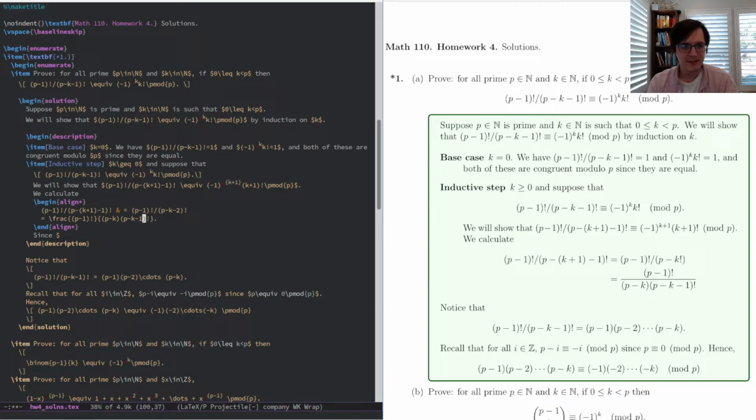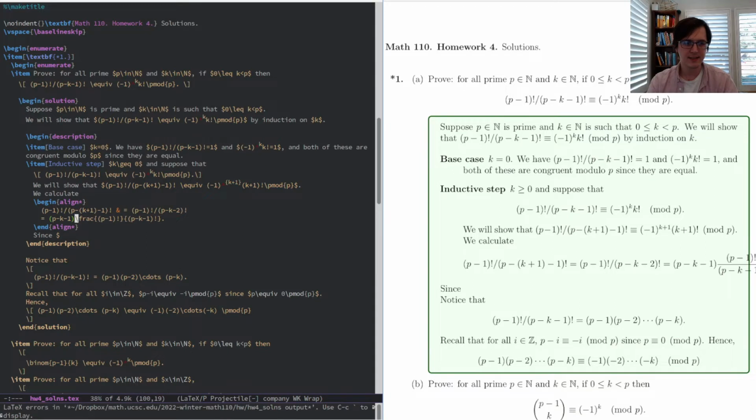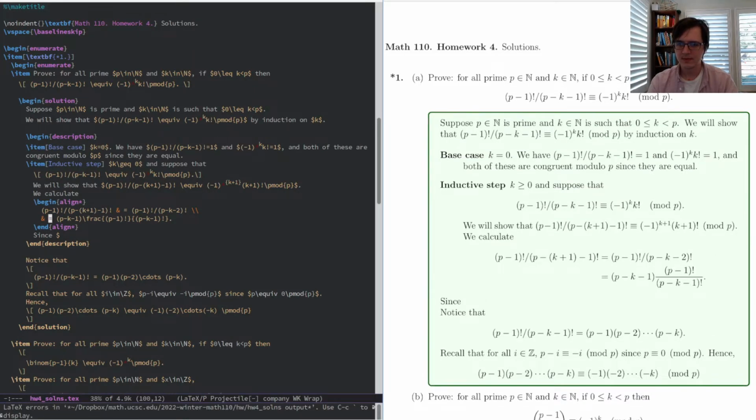So instead of minus 2, what we can do is recognize the fact that we can take that, and then, let's see, I want to say that this is true. Yeah, we believe that, right?